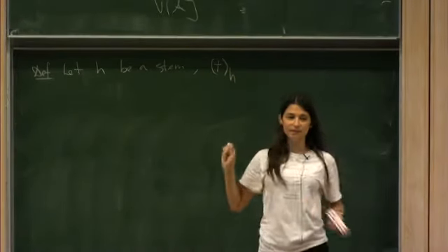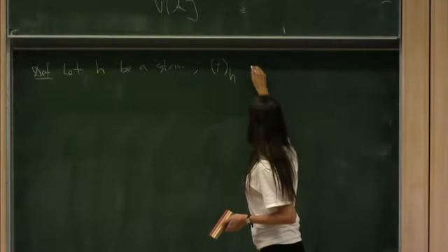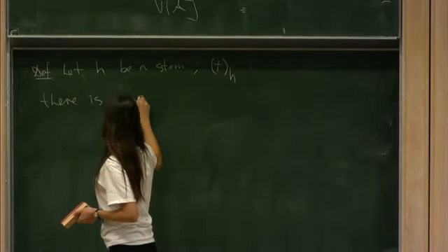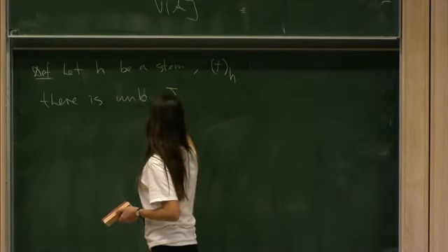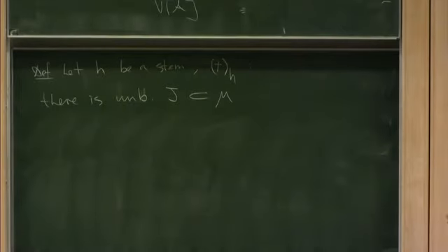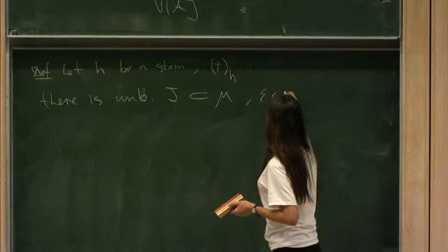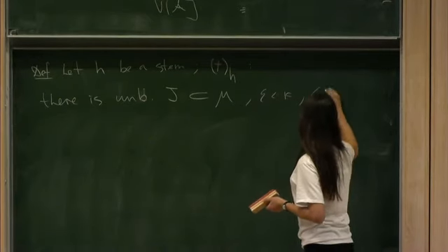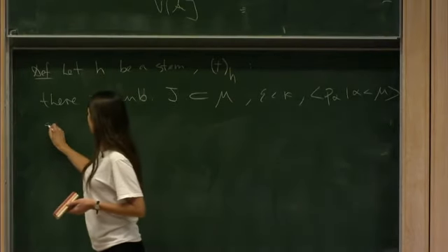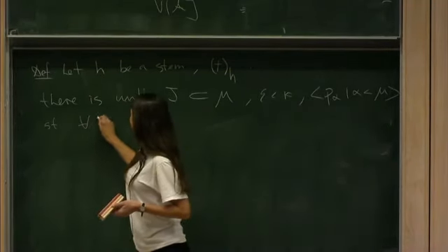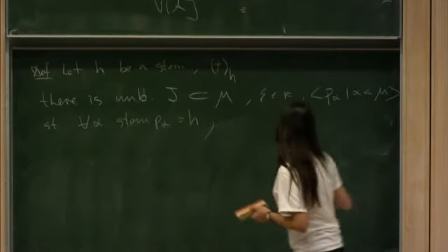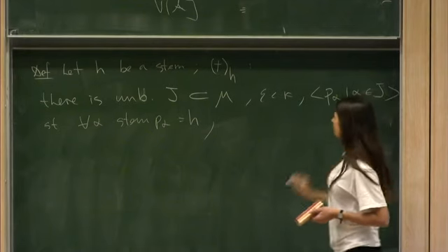I'll call this dagger of H. Dagger of H holds if we have an unbounded subset J of mu, where mu, recall, is the height of the tree, some psi less than kappa, and some sequence of conditions p alpha, alpha in J, such that the stem of each p alpha equals H.